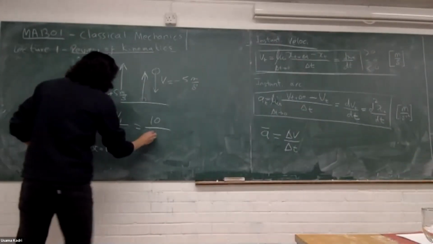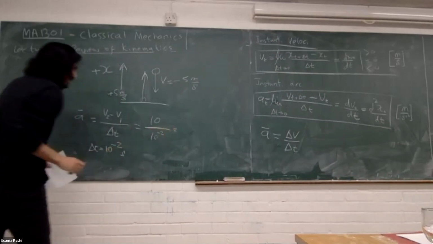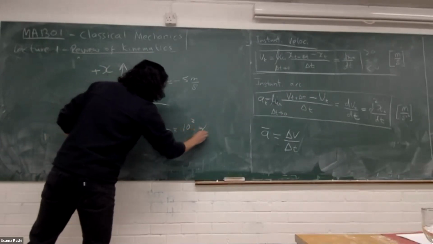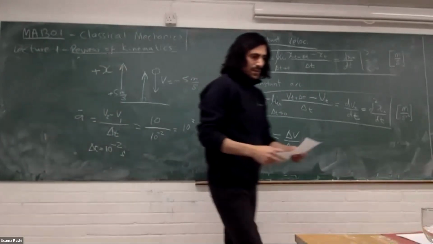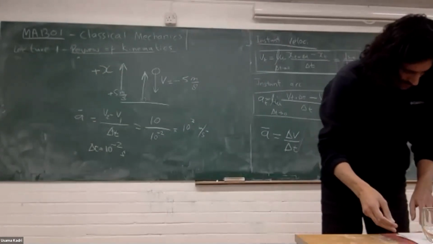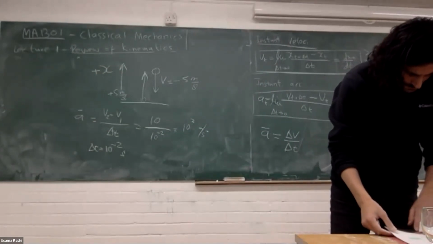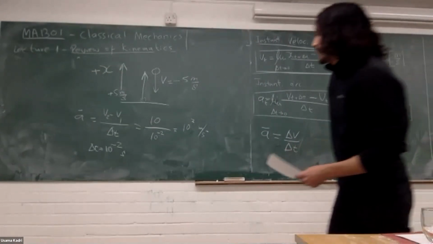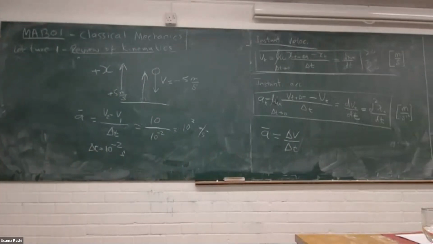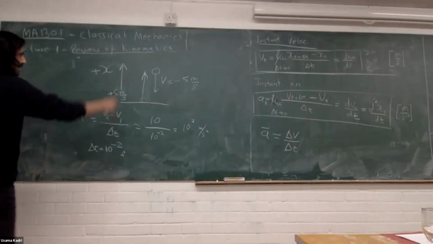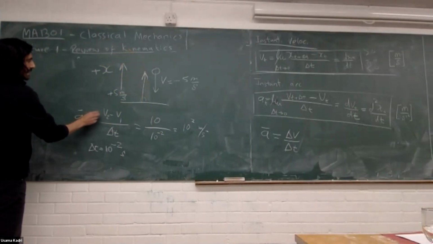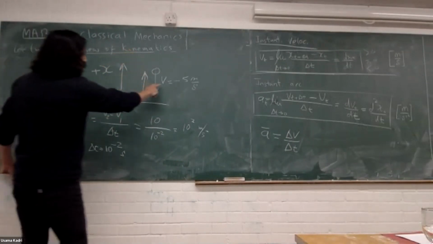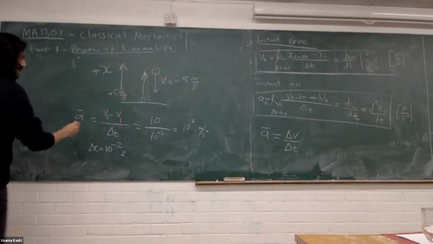So if we have 10 to the power minus 2 here, you see that we have 10 to the power 3 meters per second squared. Now, if you think about it, in terms of signs, let's double check. We start with a minus sign, in that direction.